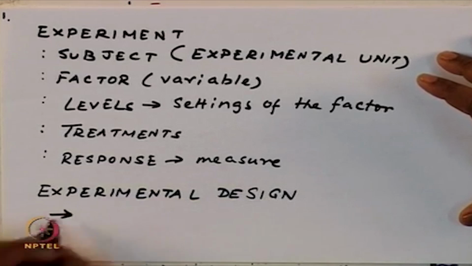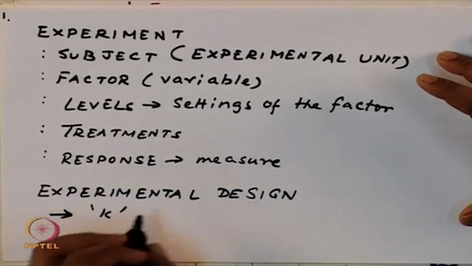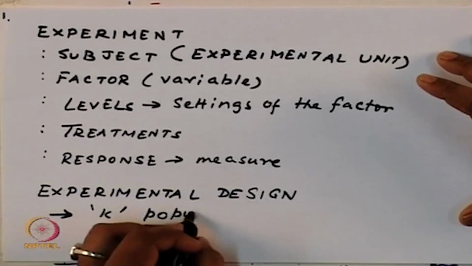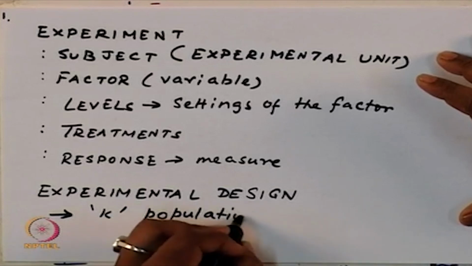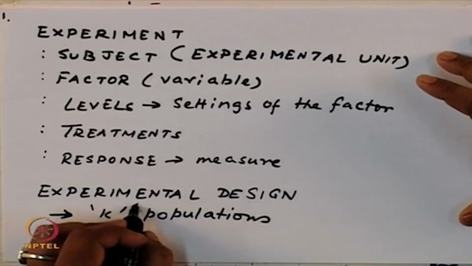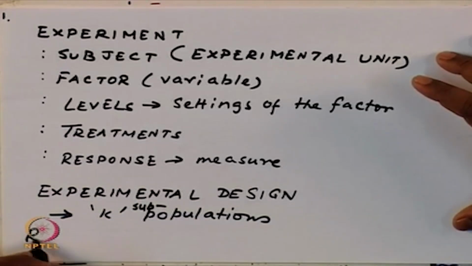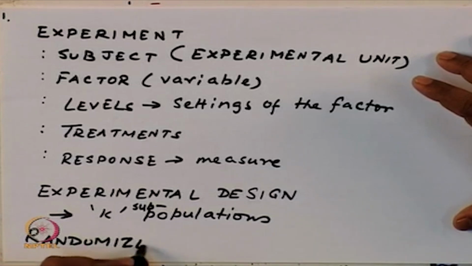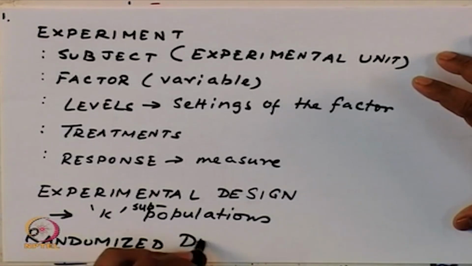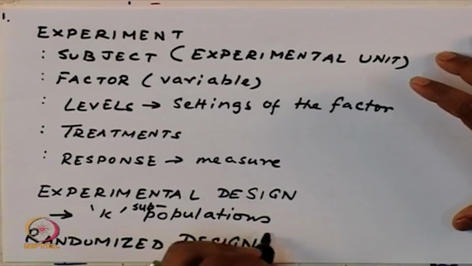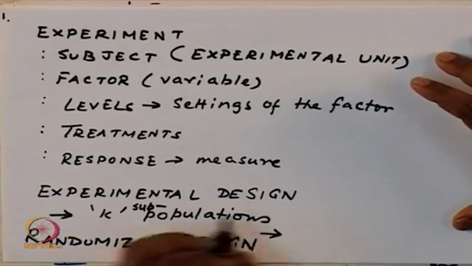So, imagine you have k populations or k subpopulations, okay, k subpopulations. Okay. For a randomized design, okay, you choose random samples.